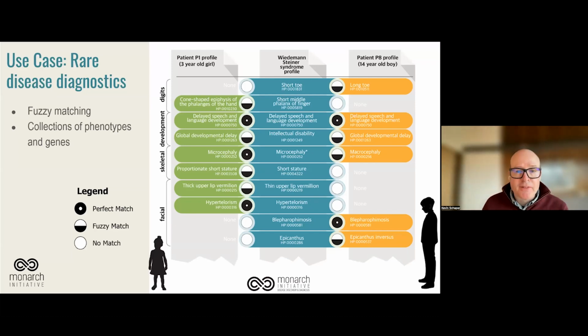This is an example of a clinical case study done with fuzzy phenotype matching. We have two patients that were diagnosed within weeks of each other by the same clinician, and the phenotypes of these patients were very different. They didn't have the same variant, but they did have the same disease caused by different variants within the same gene.